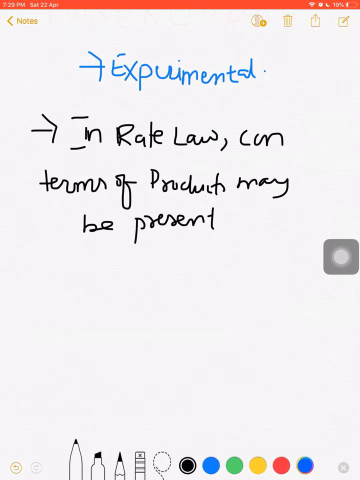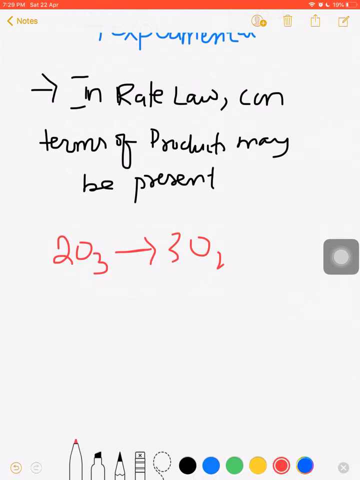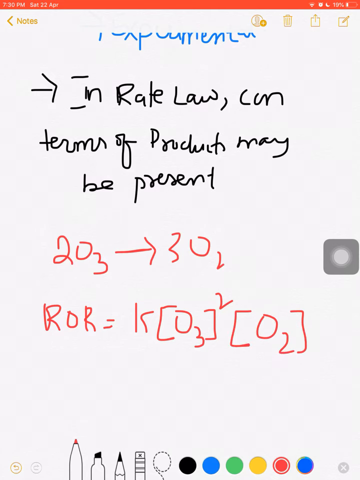For example, let's take the decomposition of ozone: 2O3 forms 3O2. Here the rate of reaction will be K[O3]^2[O2]^-1. As you can see, this is the product. So in very rare cases, like 1 in 1,000, the product is also involved in the rate of reaction, but not in most reactions.